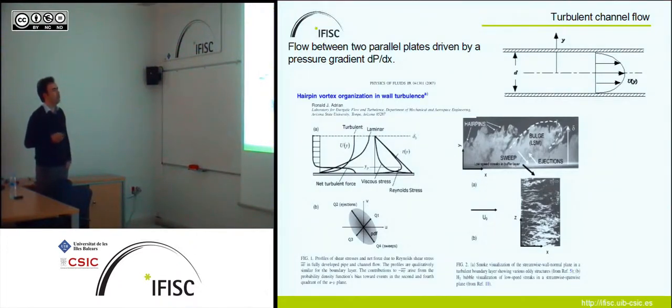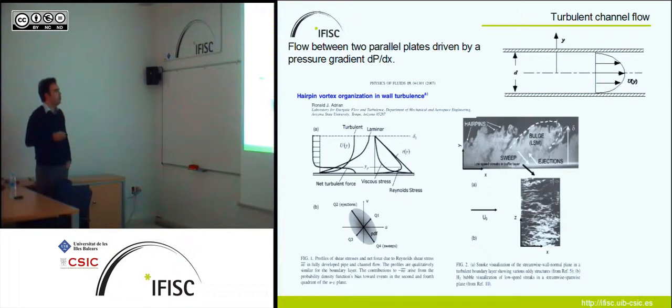The solution of the laminar channel flow is one of the few analytical solutions to the Navier-Stokes equation, and it's given by a laminar profile, a parabolic profile.